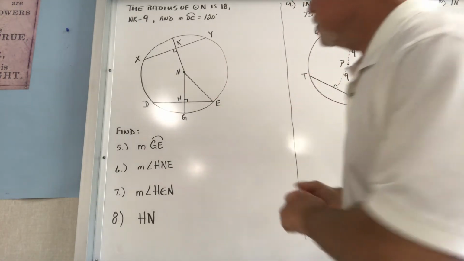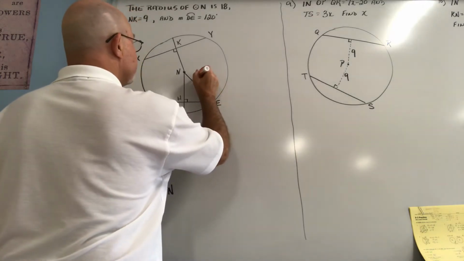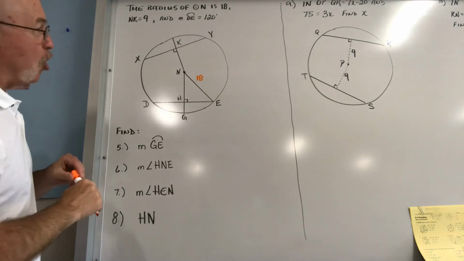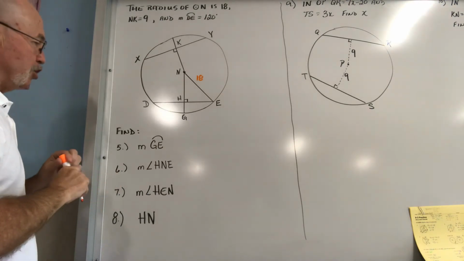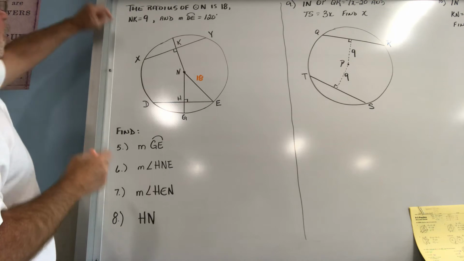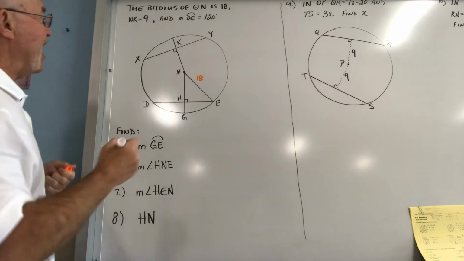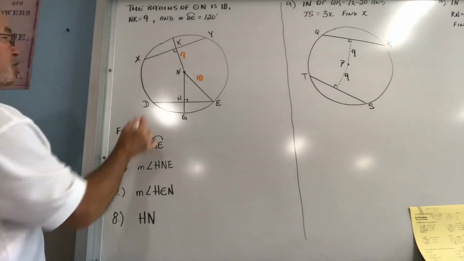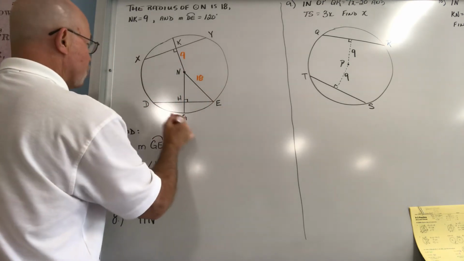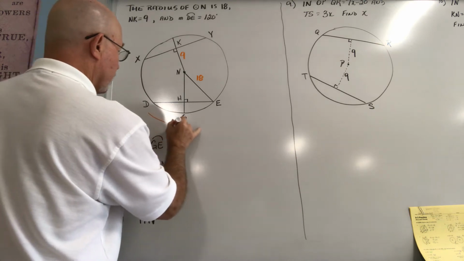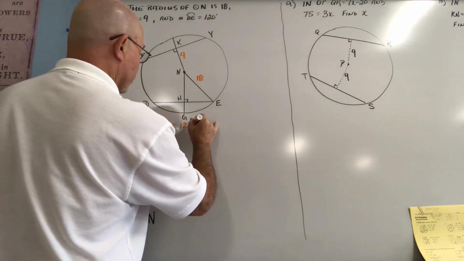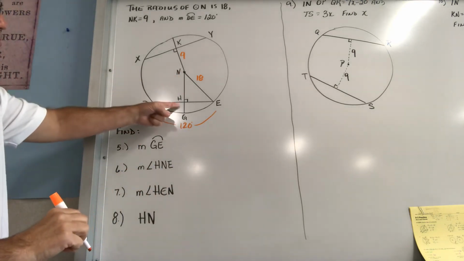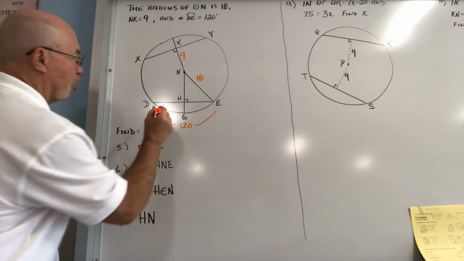If this is 18, that means NG is also 18. Should we need that. We know that NK is 9, and the measure of DE is 120. Remember, this is bisected the chord and the arc.